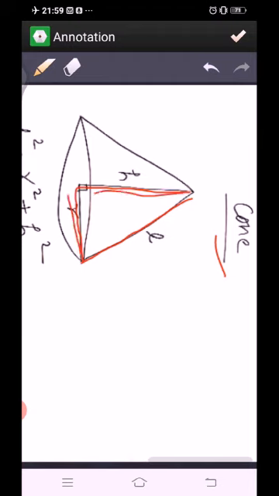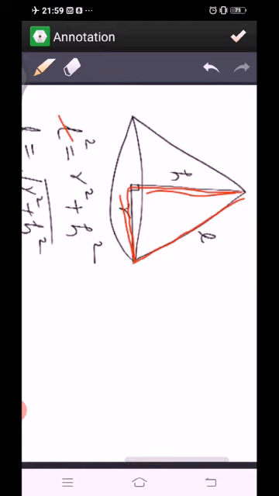Whatever figure is formed, that figure is called a cone. The hypotenuse of the right triangle works as the slant height and its perpendicular works as the vertical height. The base, that is the other perpendicular side, is called the radius of this cone.